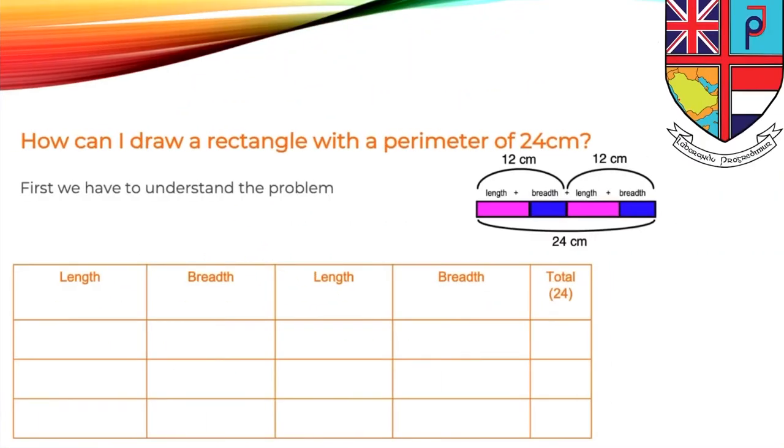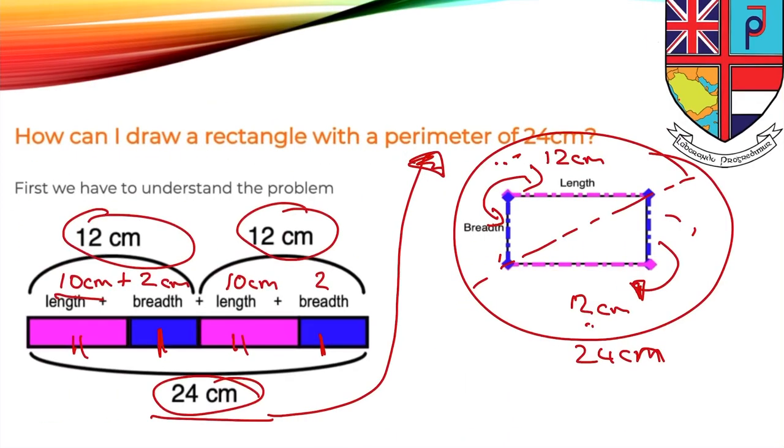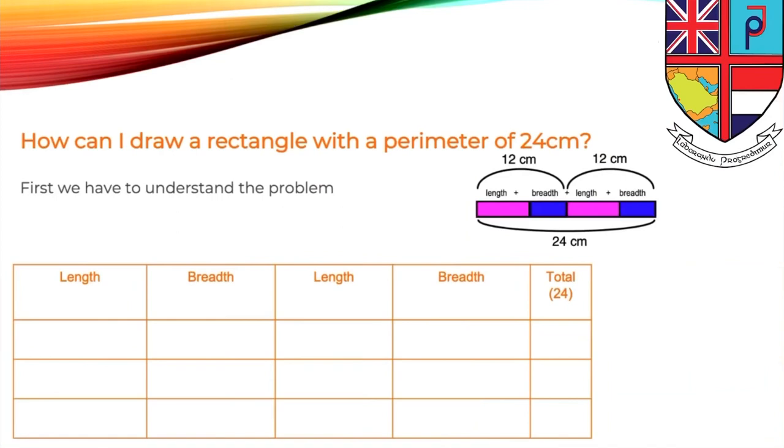Okay, so I've drawn a little table on the next page. You can copy this table if you like, or you can just write notes however you want. And I've already done something for you already. So let's fill this in, okay? So on what I've done on the last page, we've got a length of 10 and a breadth of 2. And we know that all opposite sides in an oblong rectangle are equal. So the length on one side is 10.